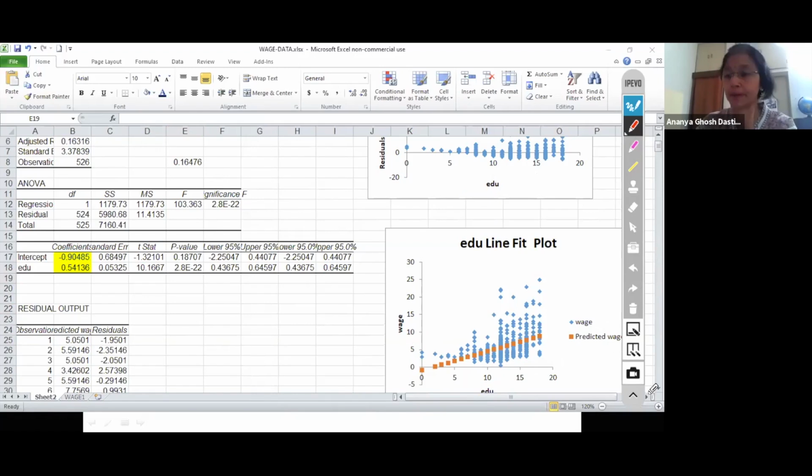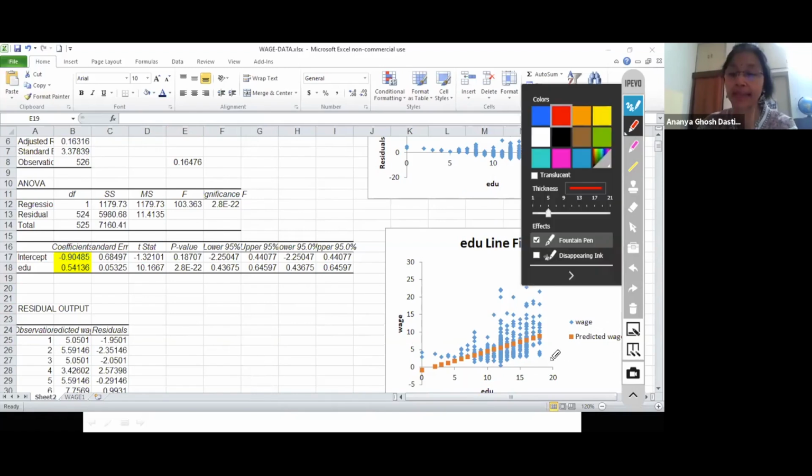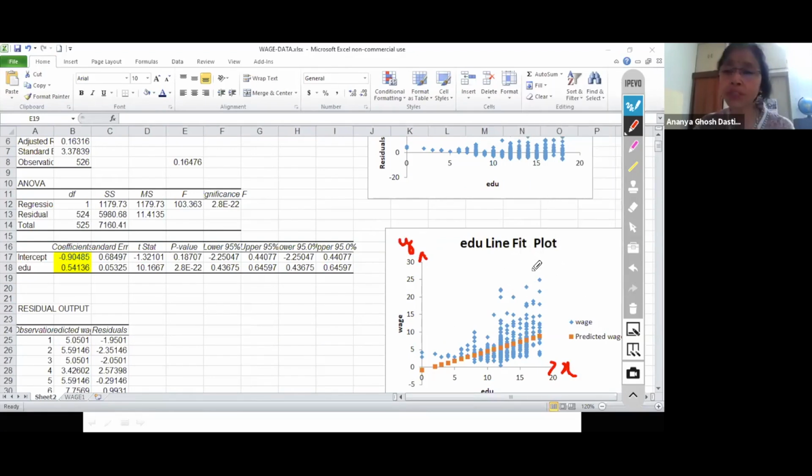On the x-axis, you are measuring education, the x variable. And on the y-axis, you're measuring wage, the dependent variable. So what you have in blue is the scatter plot.